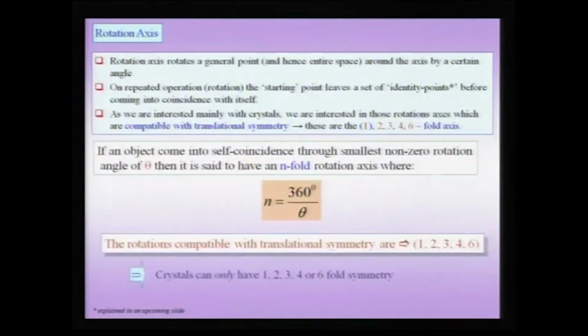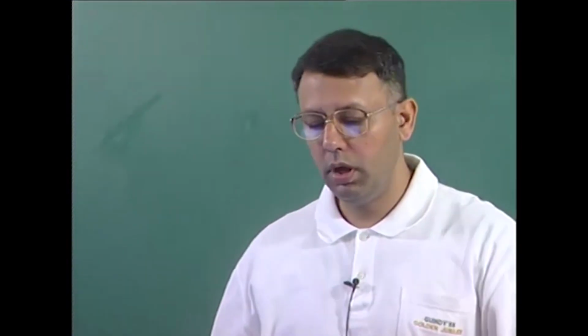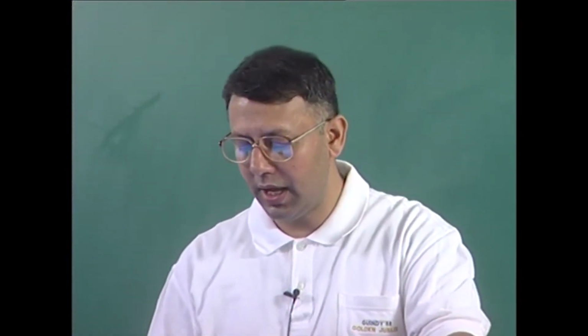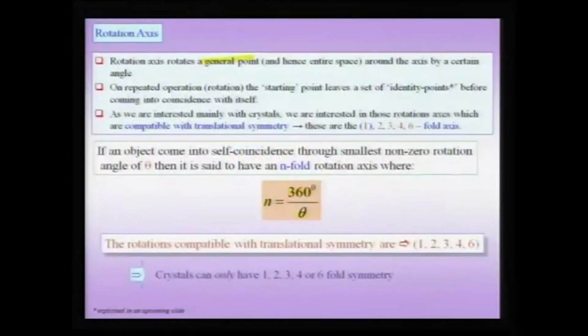The next operation we consider here is known as the rotation axis. In the case of the rotation axis, if you start with a general point and an axis, which is known as the rotation axis, it rotates a point and leaves a finite set of points. Now, what you call an n-fold rotation axis is a rotation axis which rotates a point by 360 degrees divided by n.